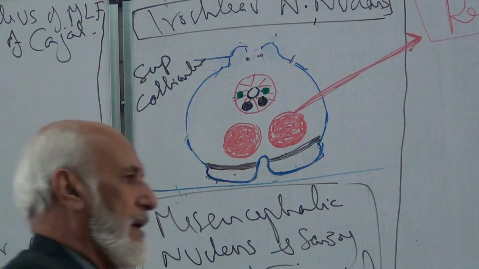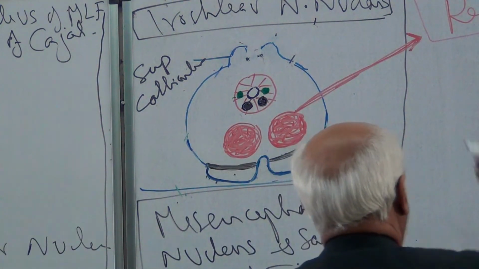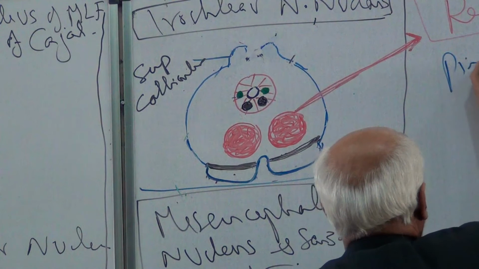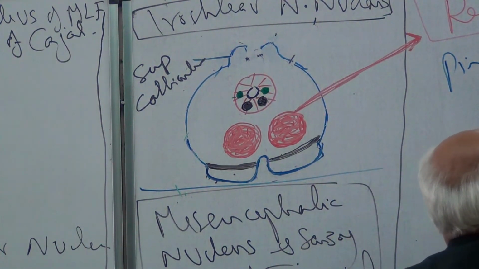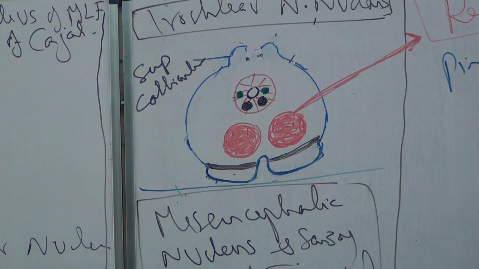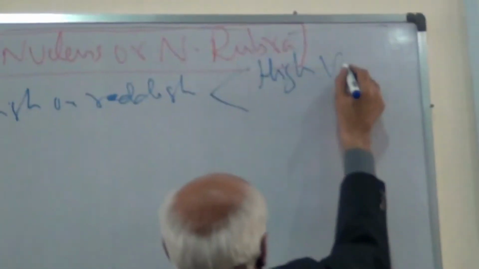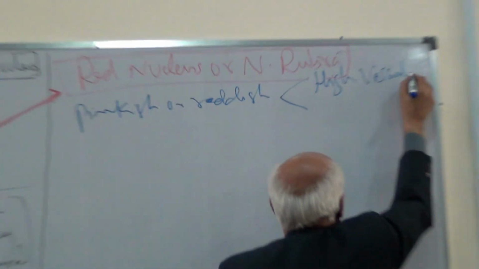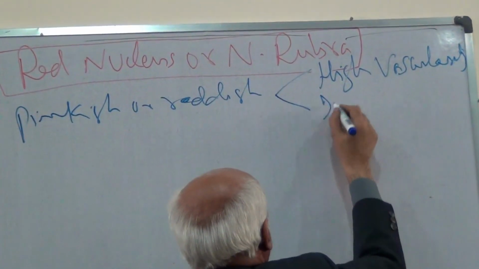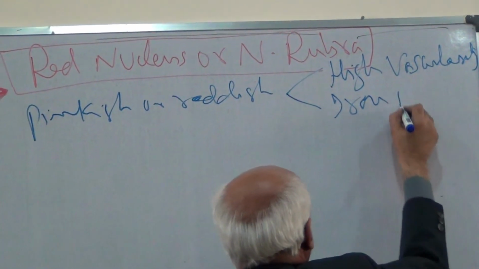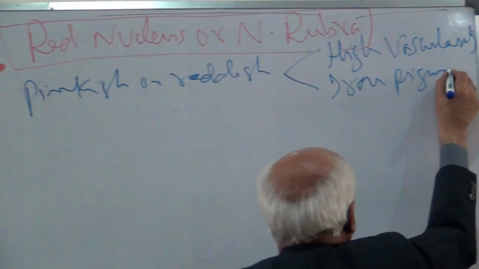Now these nuclei appear reddish or pinkish in color. Why is it so? It is because of its high vascularity and the presence of iron pigment.